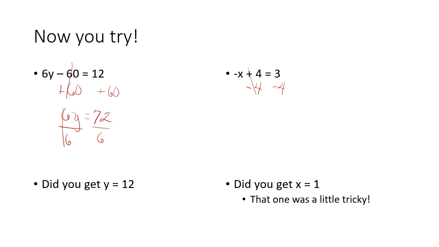Those cancel, and negative x is equal to negative 1. We divide by negative 1 on both sides, so those cancel and turn into 1. Negative 1 over itself is equal to 1. I threw a little something in there. That was fun, wasn't it?